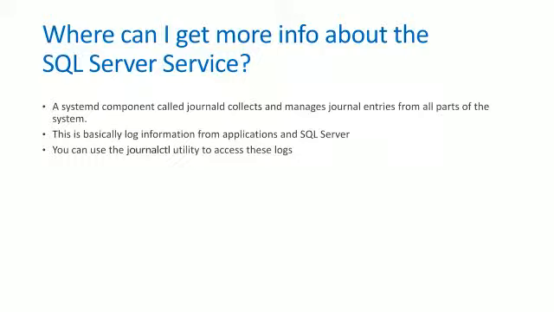So where can I get more information about the SQL Server service? At this point we know how SQL Server is managed and run. One thing you might ask is, how do I get more information about SQL Server as it's running? What logs are there on the Linux system? One tool that you could use is journalctl and journald.